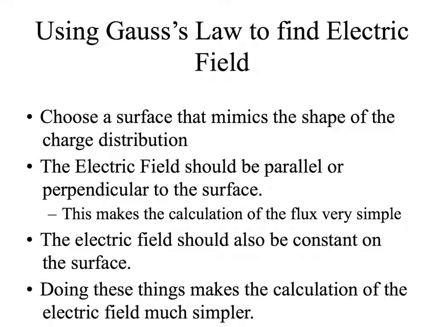If it's parallel to the surface, remember that means you won't have any flux and that won't contribute at all. It's also nice if you choose a surface where the electric field is constant, so that allows it to come outside of the integral, and then you can actually calculate the electric field. So if you keep these things in mind, the calculation becomes a lot easier.